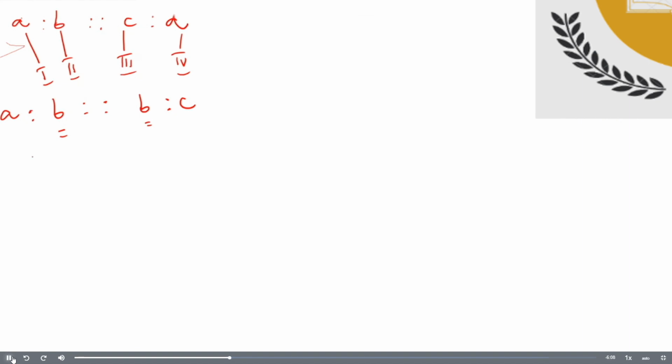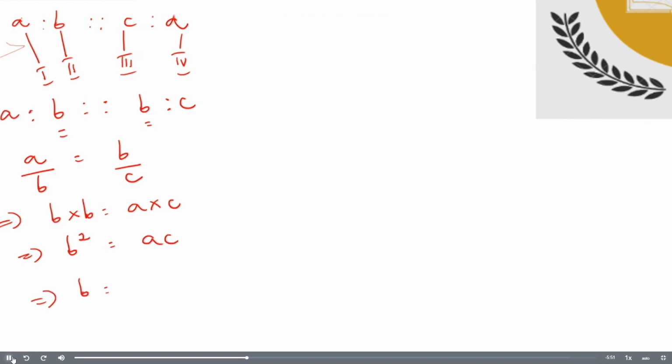So this means A by B equals B by C. From this we get B into B is equal to A into C. We get B square is equal to AC. We also get B is equal to square root of AC. Do you understand? B square is equal to AC. B is equal to square root of AC.